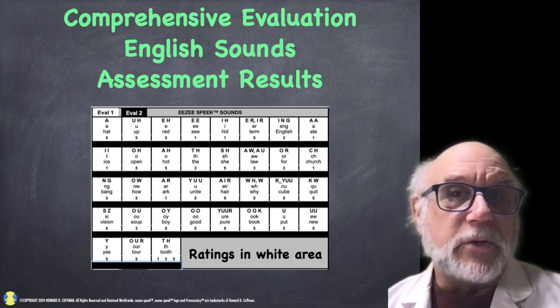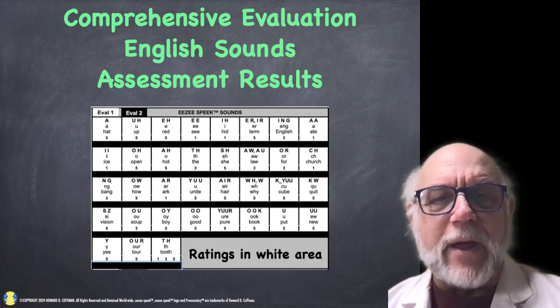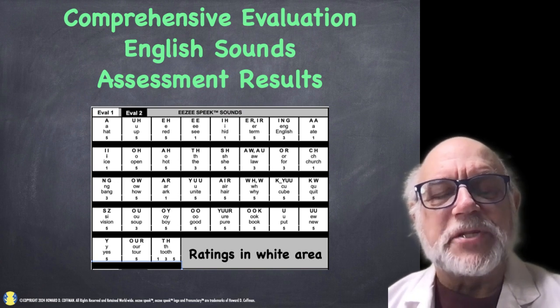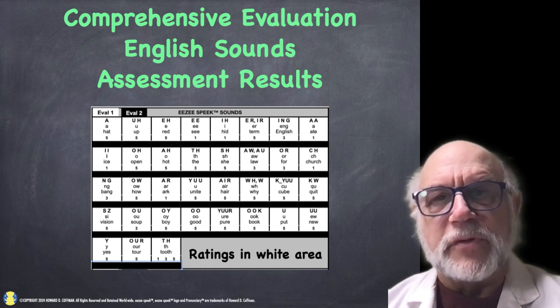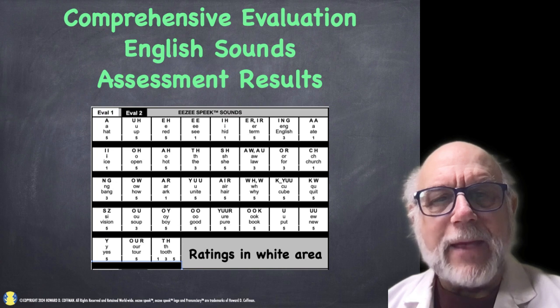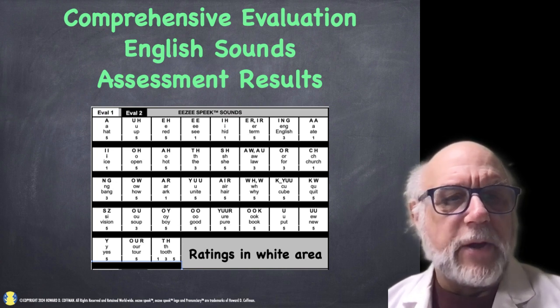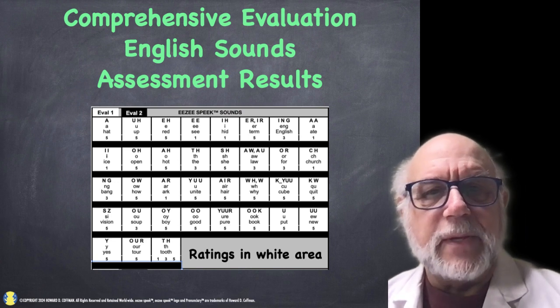If you want, you could write in a 4 or a 2, but it gets kind of crowded. This evaluation is for the first evaluation. The values are in the white block areas, and you can see what they are. We'll review them in a moment.